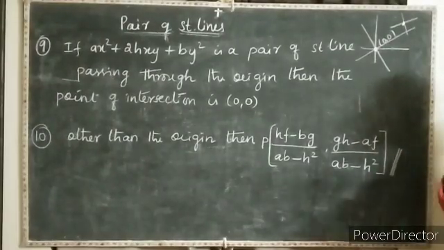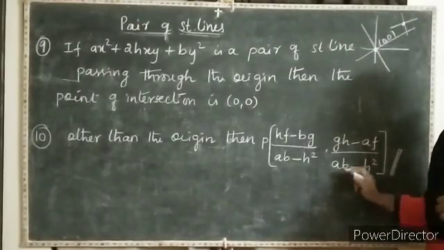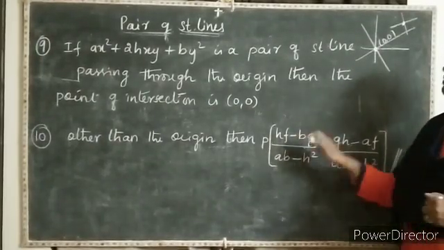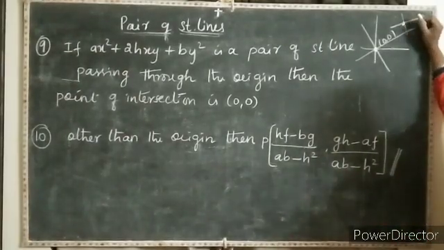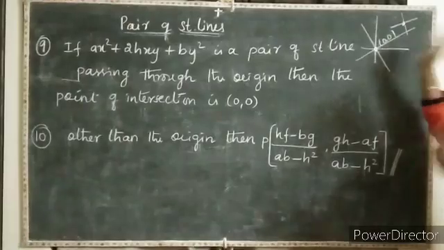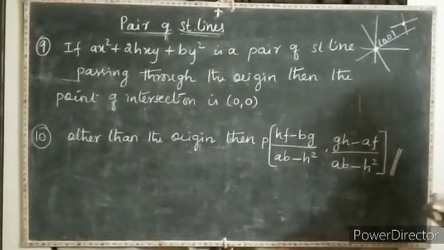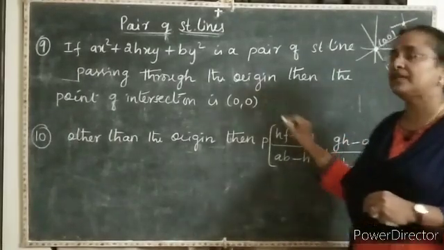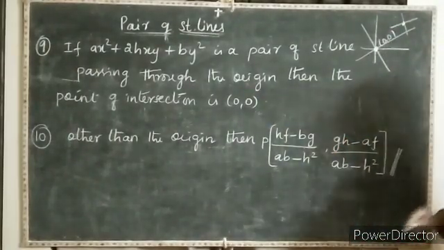You have to learn it. Write and see it 5 times or 10 times so that it settles in your mind. This is the formula to find the point of intersection of the pair of straight lines other than the case where the point of intersection is the origin 0, 0. This is very simple. You have to learn it very carefully.